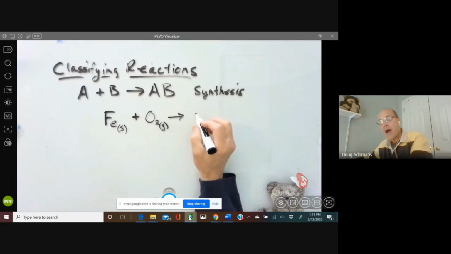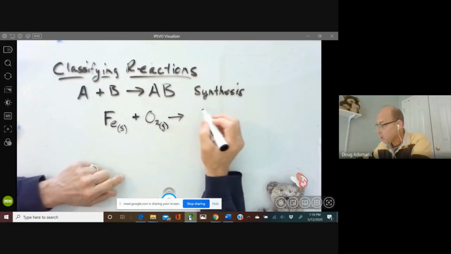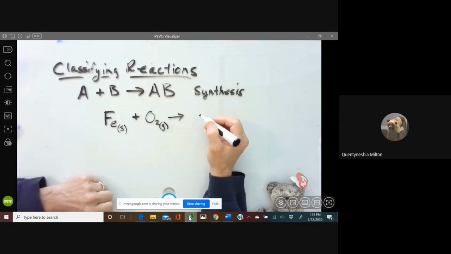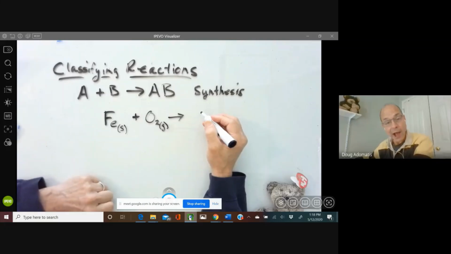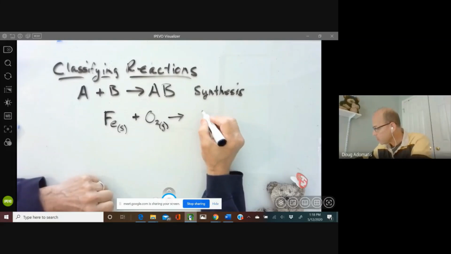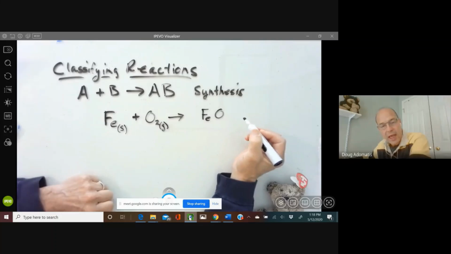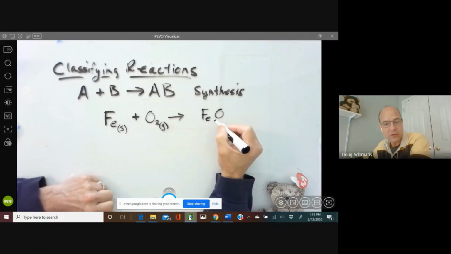And rust is actually a compound. What do you think it's a compound of? Iron and oxygen. It's iron oxide, right? So you know it's going to be Fe, and you know it's going to be O. And then the only thing left to do here is to make sure that you have the right subscripts.